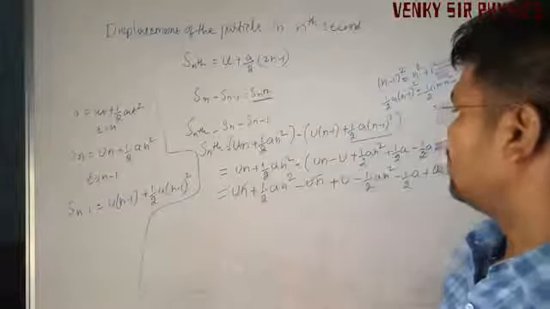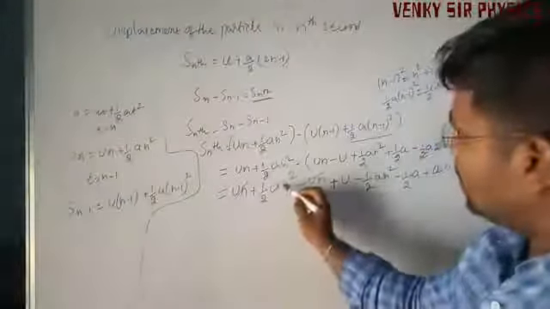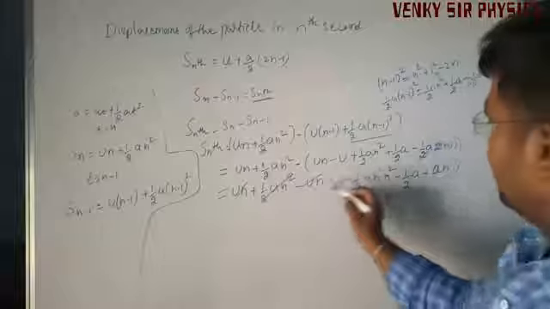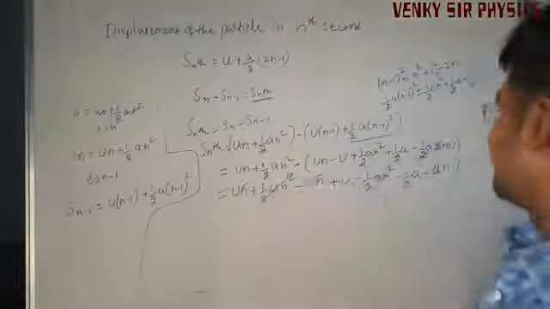Minus un plus un gets cancelled, and minus 1 by 2 an square and plus 1 by 2 an square get cancelled.